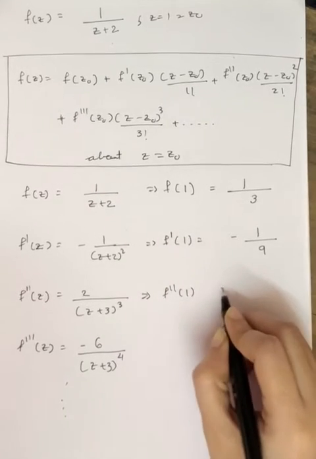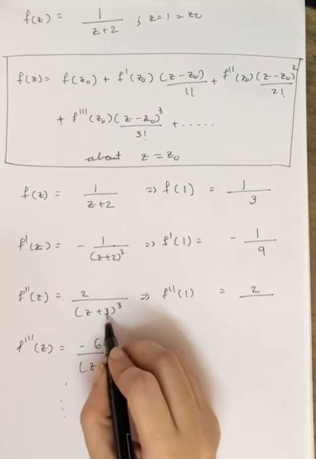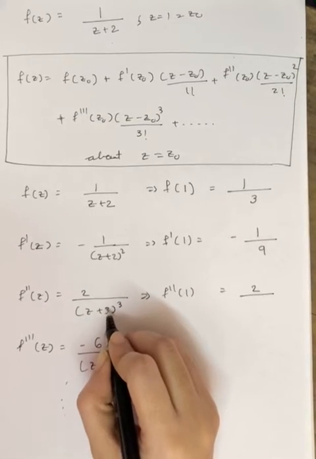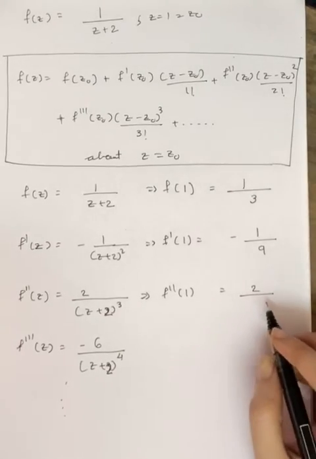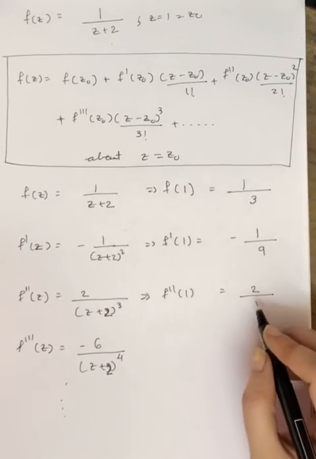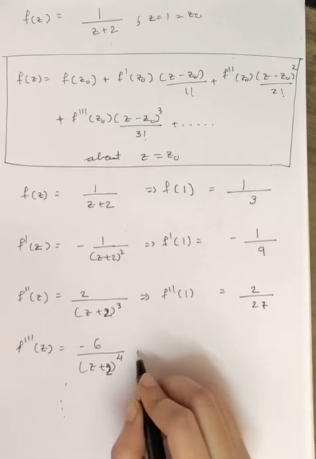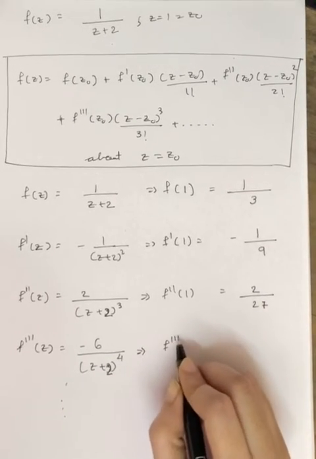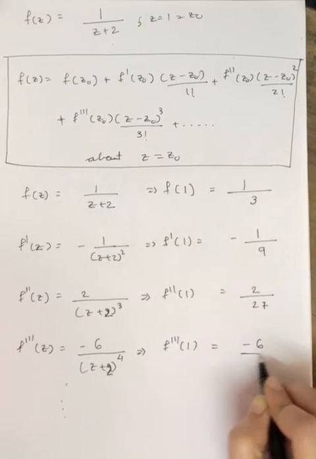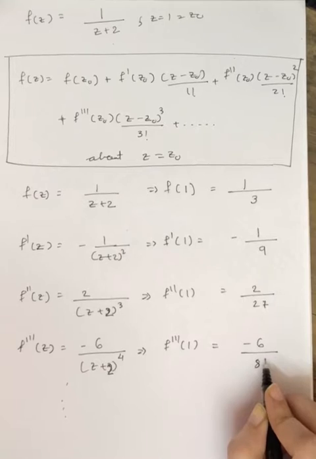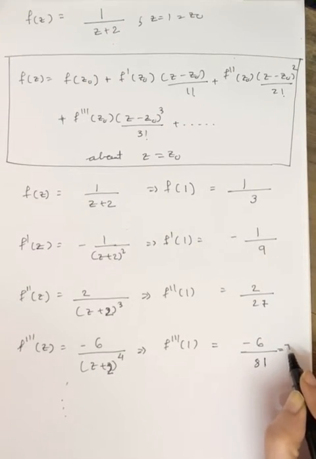F double prime of this will be, oh, I'm so sorry, I made a mistake here, 3 cubed, so that's 27, and this is 81. We can make some simplifications here.